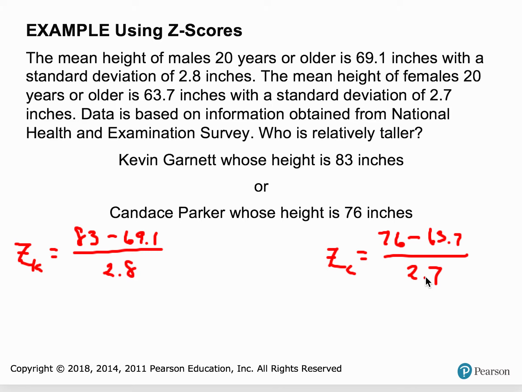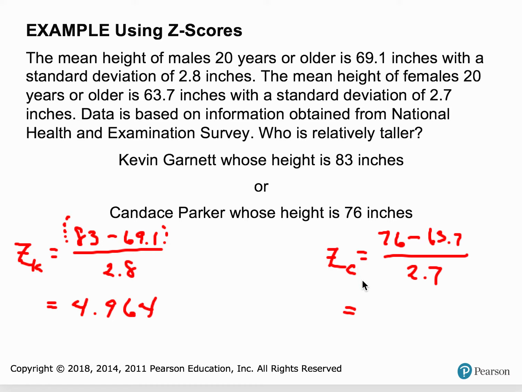All right, let's see what we have here then. 83, and again, don't forget your parentheses, right? 83 minus 69.1 divided by 2.8 is 4.964.